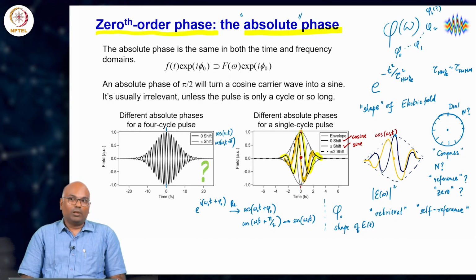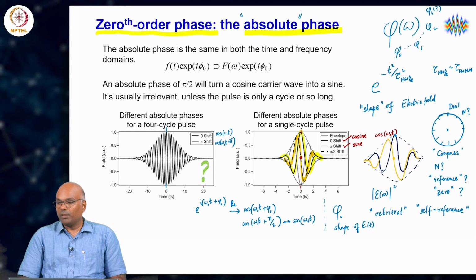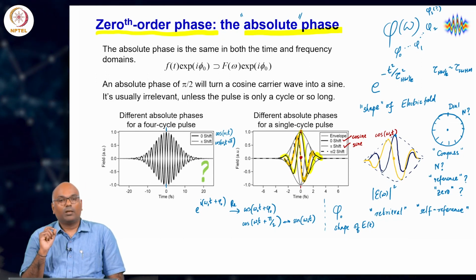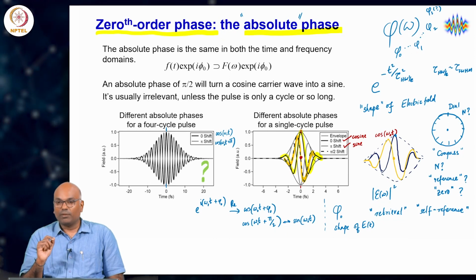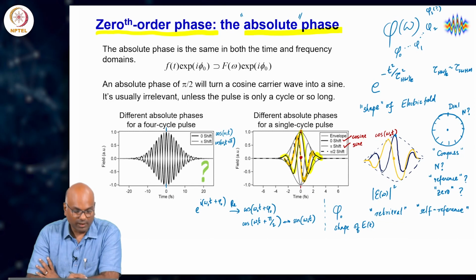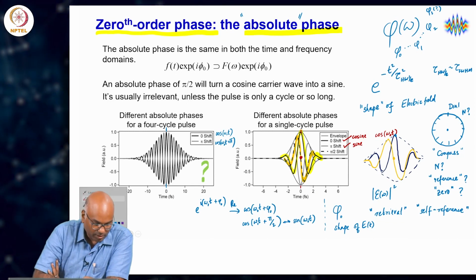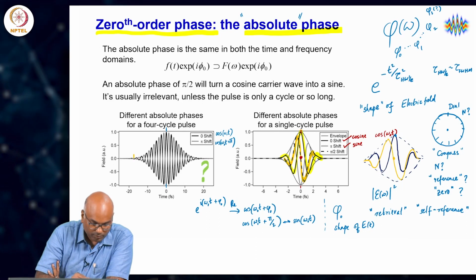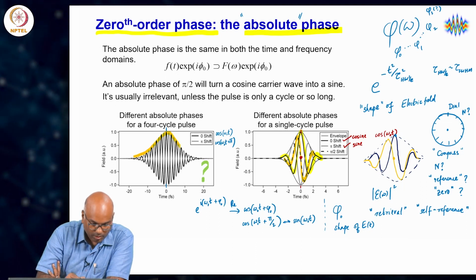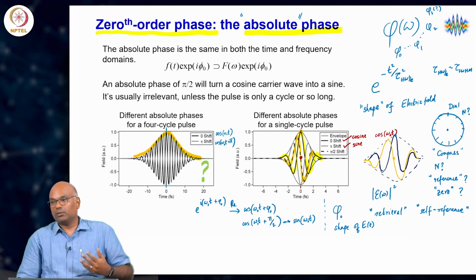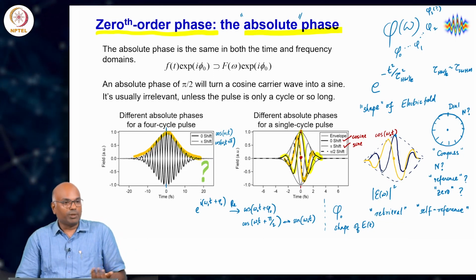Alright. Now I'm more or less out of time for today, but I'll leave you with a thought. In most measurements that we do, what we are actually measuring is a function of the envelope, or the absolute value square, or they are all irradiance measurements.